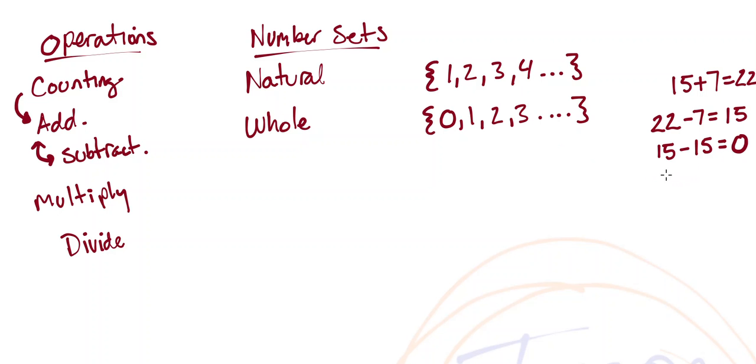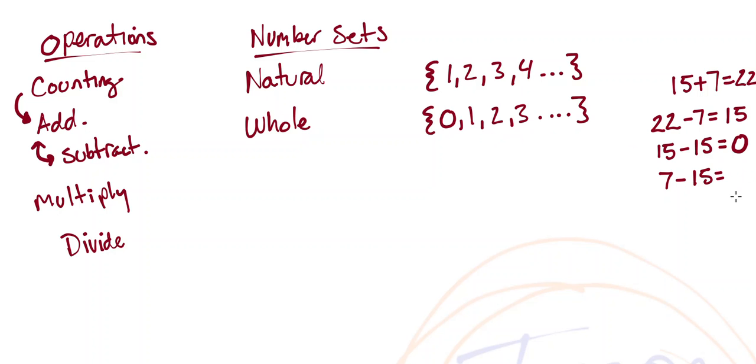What if I said not 15 minus 15, but 7 minus 15? Now, again, you are a math sophisticate. You know the answer to that question. But if you think about it, under the whole numbers, there is no answer to that question. There is no number that is 7 minus 15 if you're only talking about whole numbers.